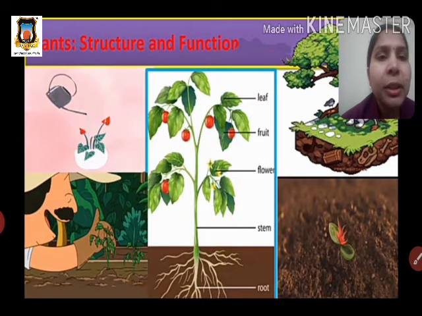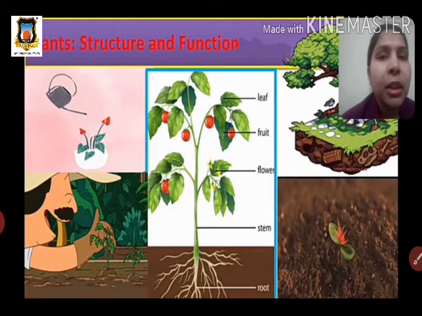So the color of the plant helps us identify them easily. We know all the plants have green coloration, so due to this green coloration our earth looks very beautiful.